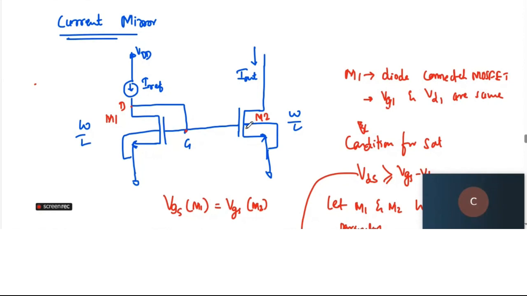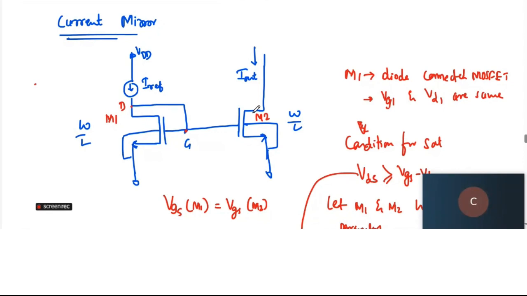And if M2 is also in the saturation region, the same amount of current that was flowing in M1 would be reflected in M2. That is the basic concept over here. That's how the current in M1, which is my I reference, will be mirrored into M2.